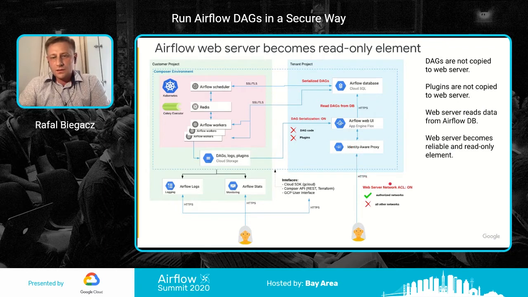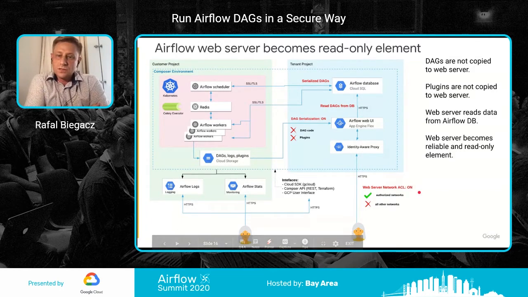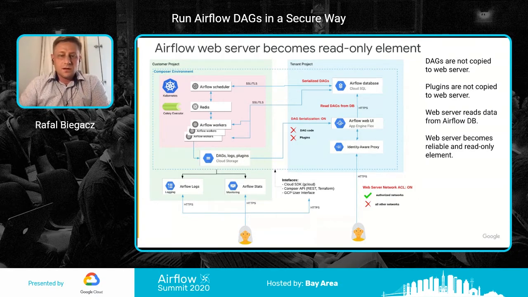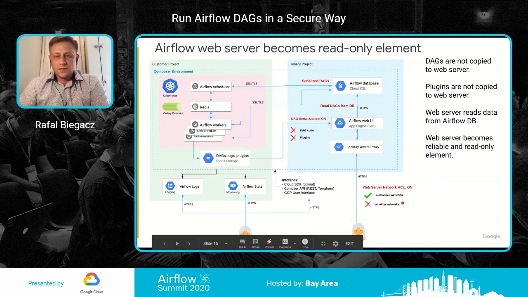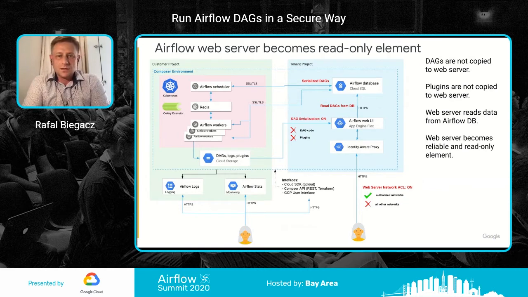And while creating a Composer environment, you can set up the authorized networks from which the web server is accessible, and only from those networks, users will be able to access the Airflow user interface. If need be, you can totally block access to the web server from all the networks. I think that it might be a valuable feature in case you are just focused on DAG execution and access to the web server is not necessary all the time.